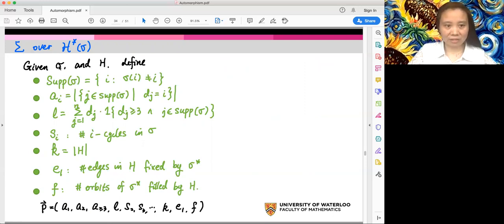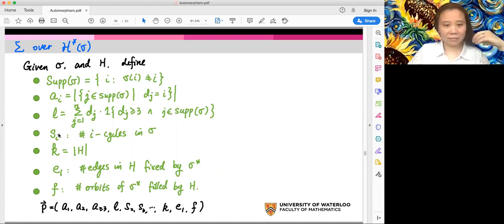So I'm now fixing sigma and fixing a graph H that is invariant under this sigma. A_i is the number of vertices that are moved by sigma whose degree equals i. And L is the sum of degrees of vertices whose degree is at least 3 and that have been moved by sigma.